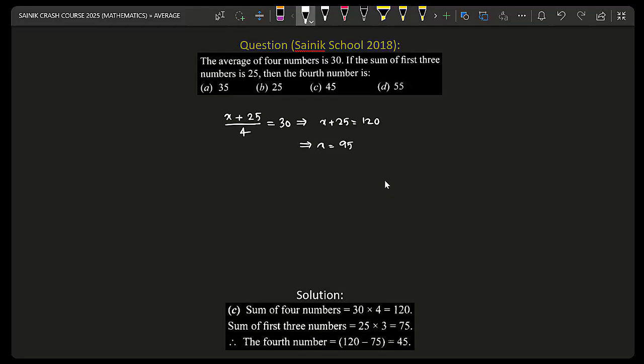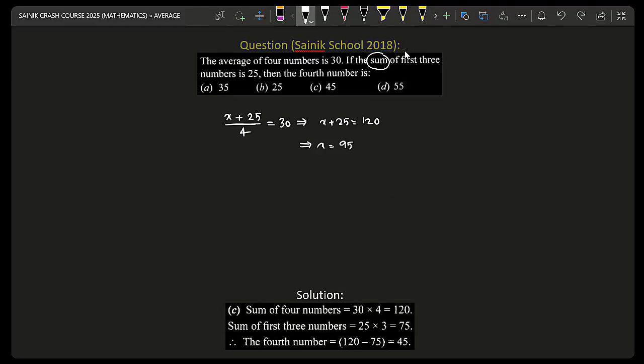For the first three, actually it is not the sum they wanted to give. In place of sum, they wanted to give average. That's why there was a mistake. So that's a typing mistake. If we have average in place of sum, then the sum of the three numbers is 75, right? Yes, sir. So the solution is not matching with the question, but 95 is the correct answer.